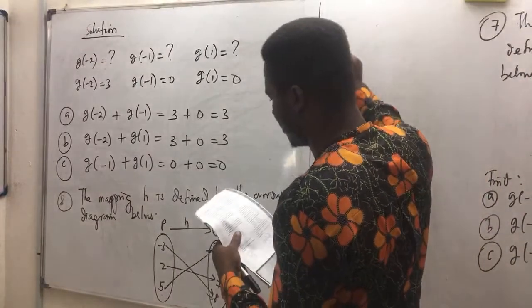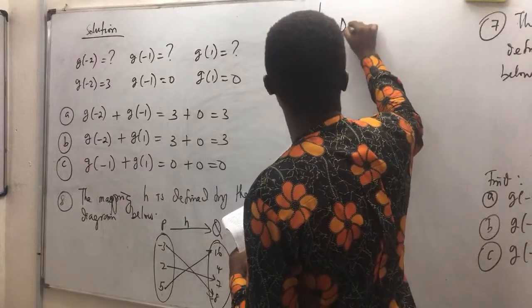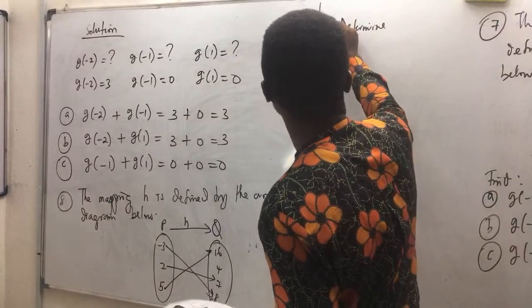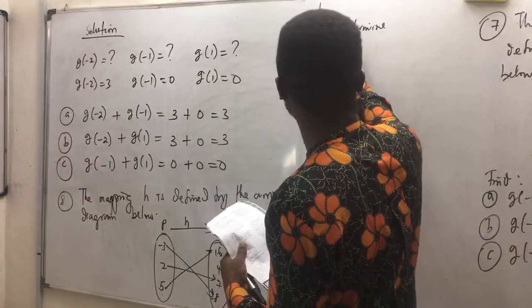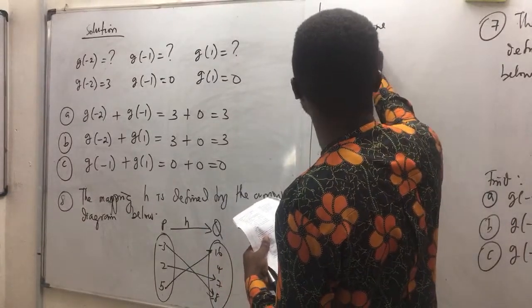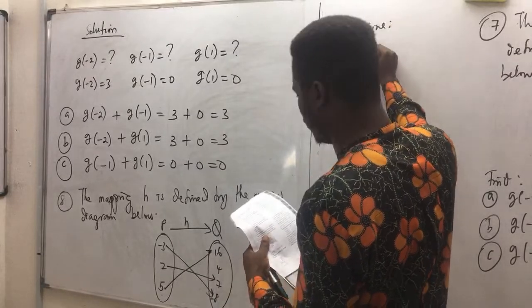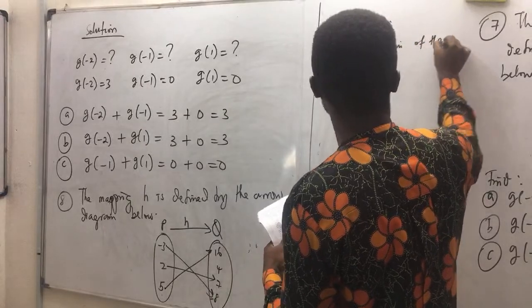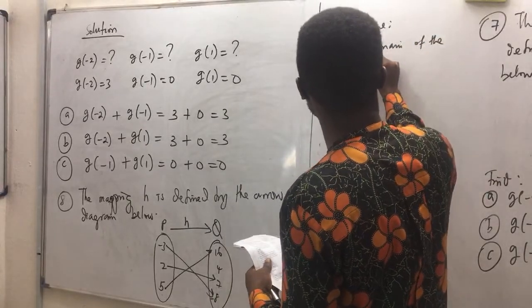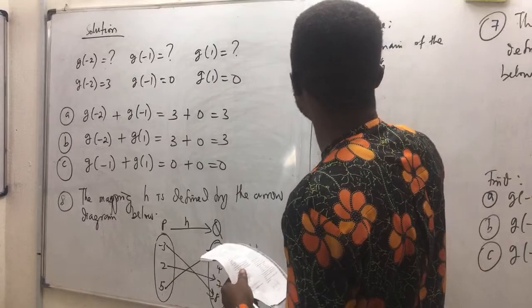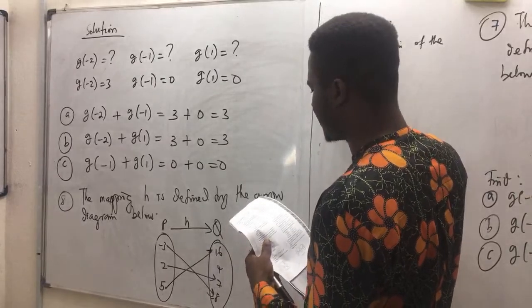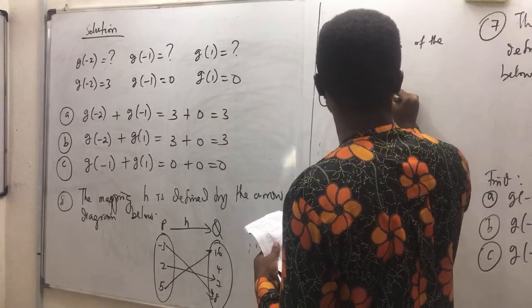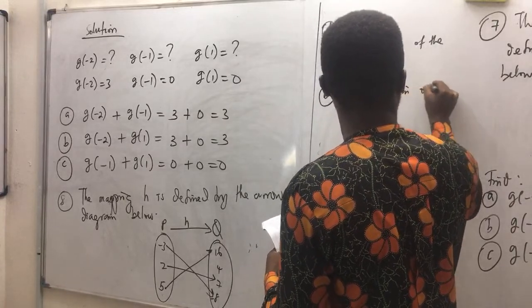Number 1, under I: A says determine the domain of the mapping. B says determine the codomain of the mapping.